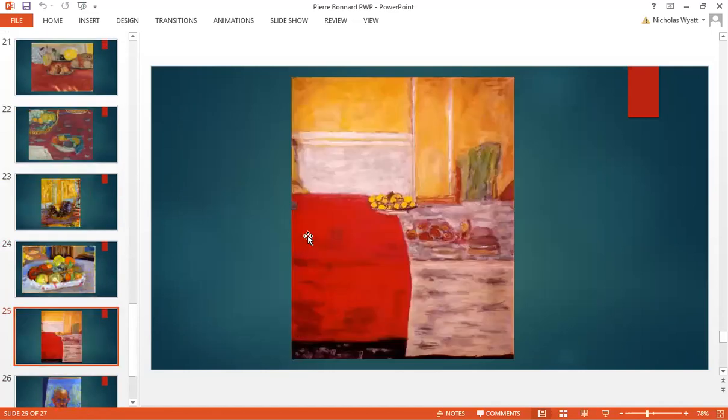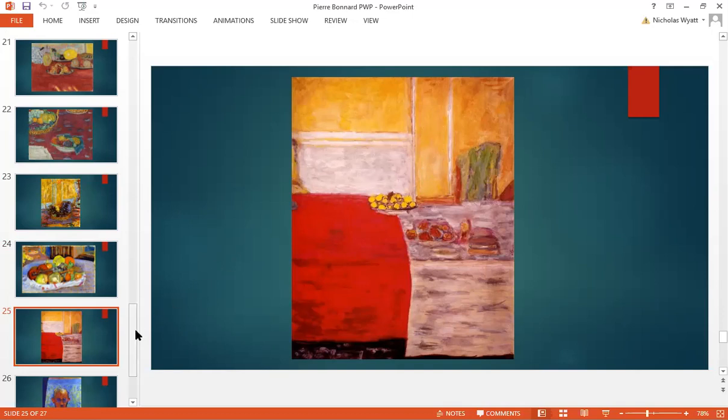This is extraordinary. The composition, a large area of red, but broken up with alizarins and violets, pinky violets within the reds, and then the large areas of yellow, which are again modulated.